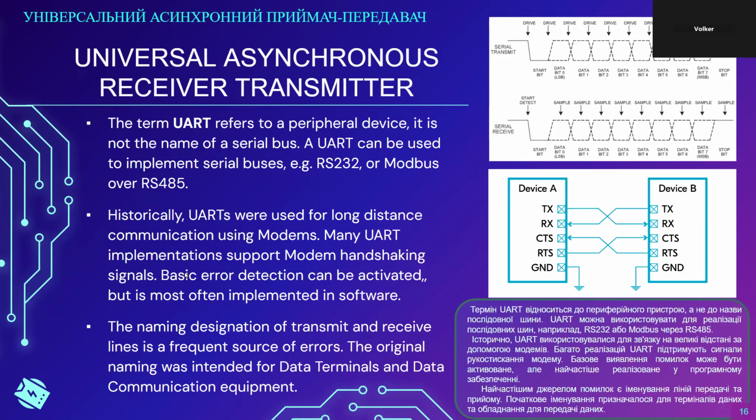A CRC, a cyclic redundancy check, is a little bit more complicated, but it can detect a whole different range of errors. It can detect many different types of bit errors. So generally, implementations like Modbus use a CRC for error checking.